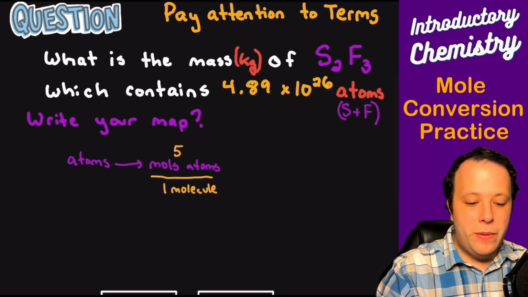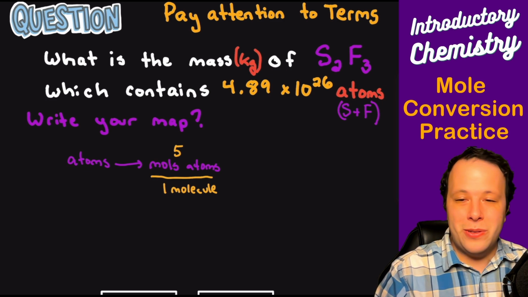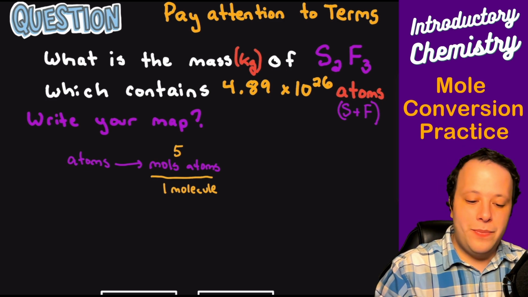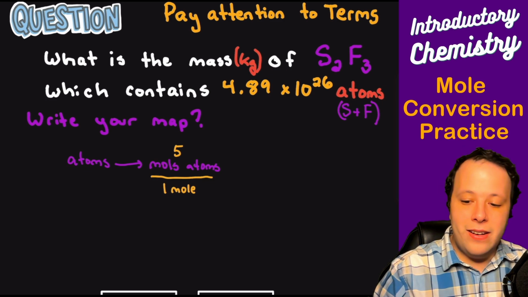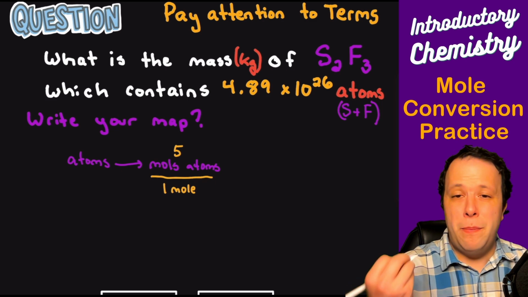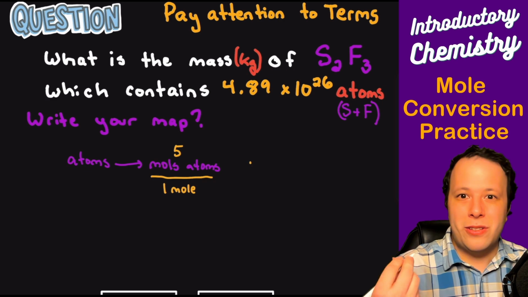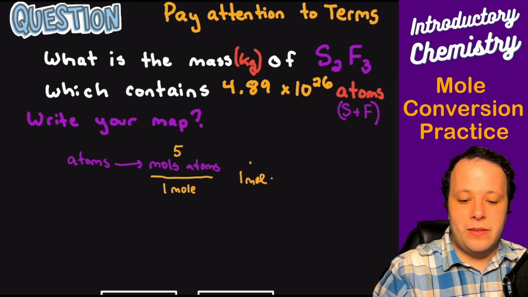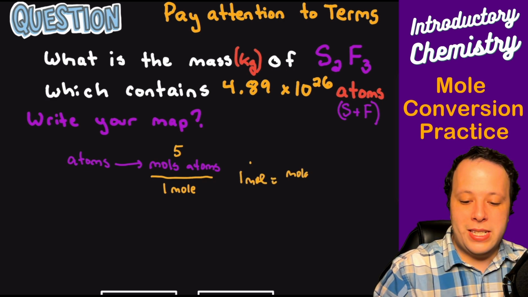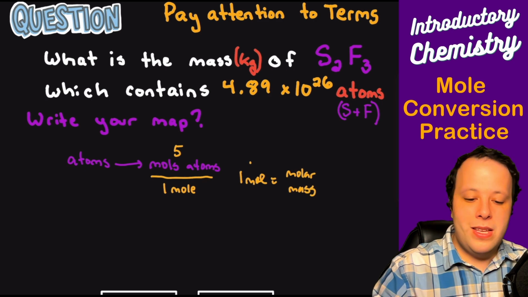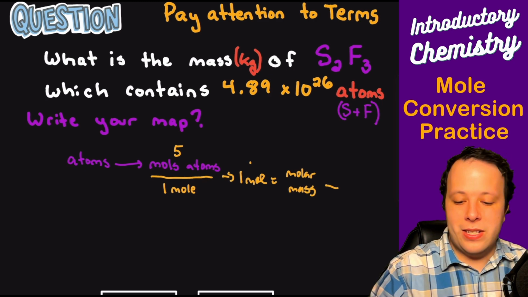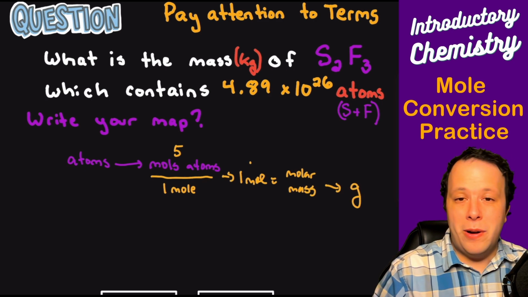So that's going to be 1 mole for every 1 molecule. So we can use that for ourselves. Then, to get to mass, we can say that 1 mole is equivalent to the molar mass of the compound. And then that will give us our grams in the final part of the problem.